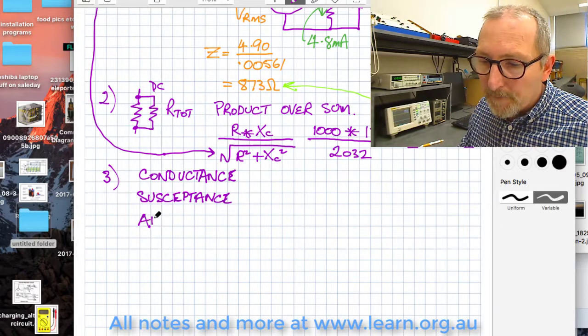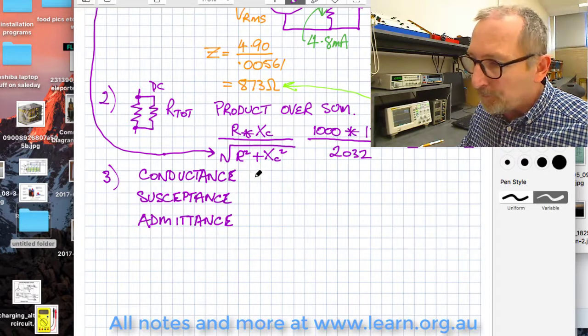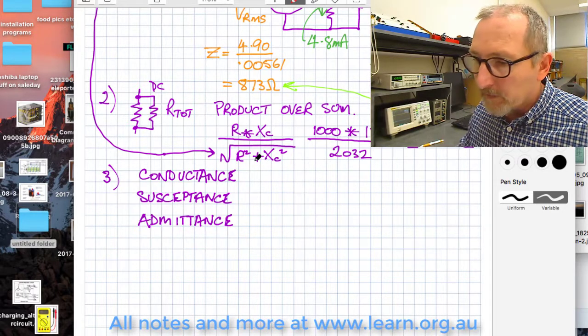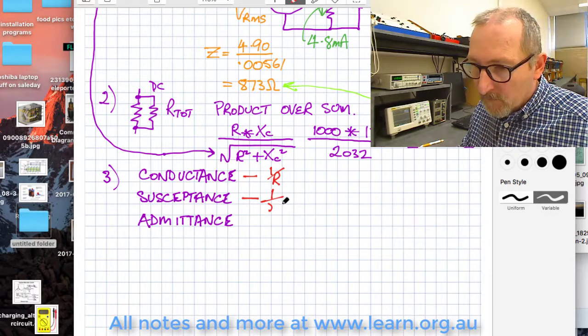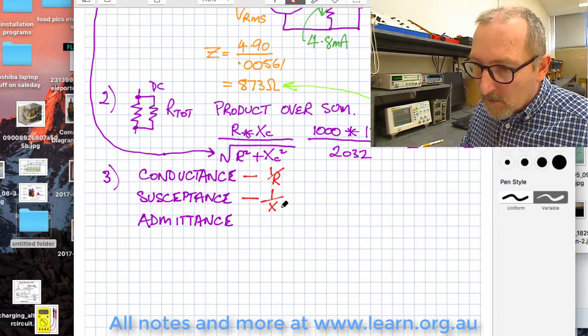And finally, admittance. Conductance. I'll do these in living red. Conductance, 1 divided by R. Susceptance, 1 divided by, in this case, XC.